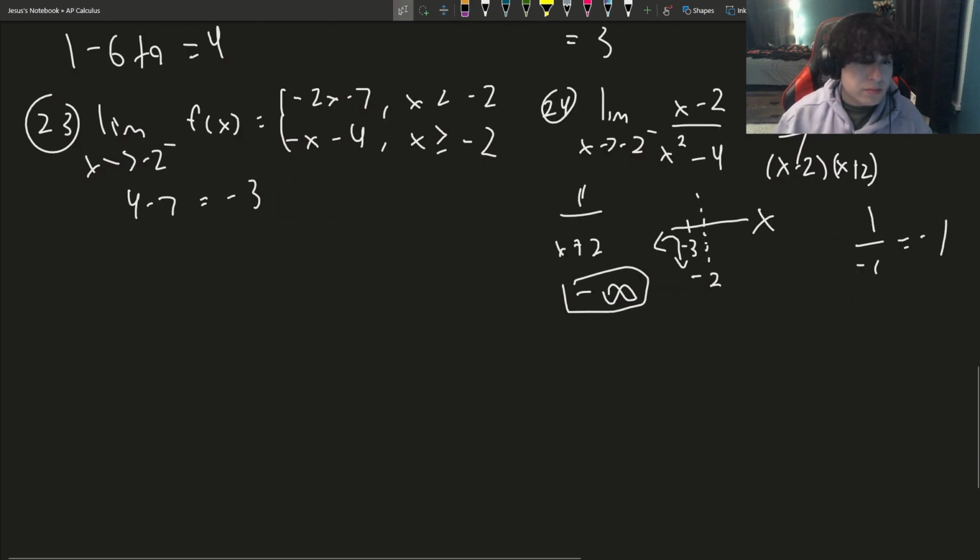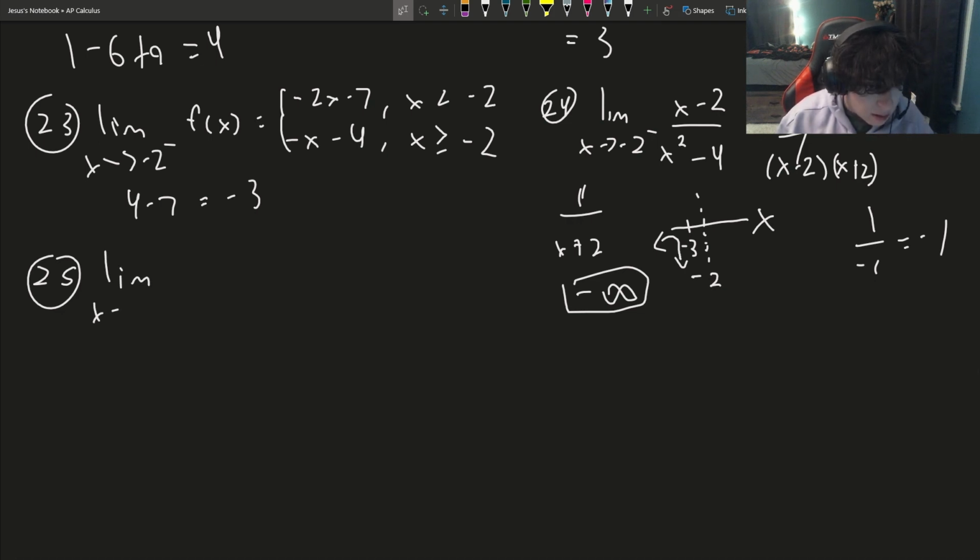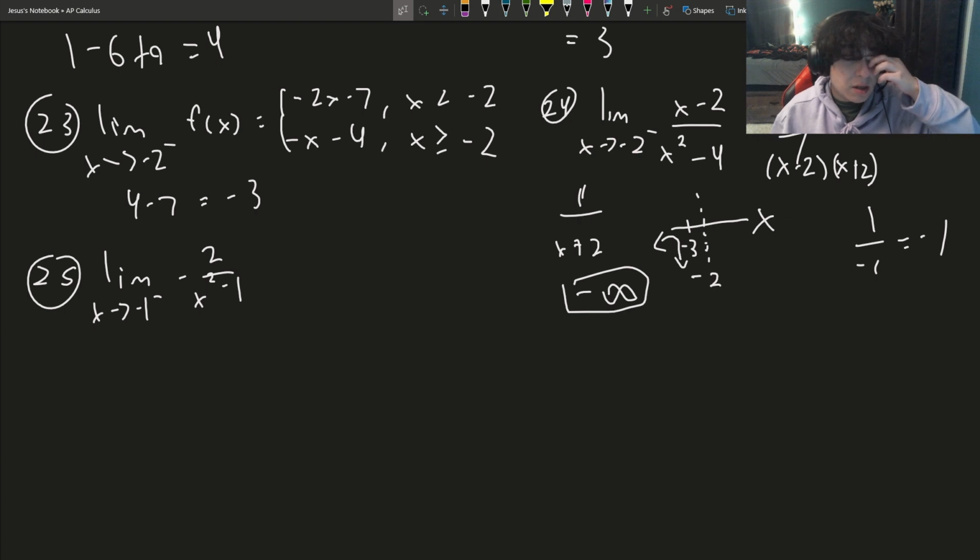So we get 25, the limit as x approaches negative 1 from the left of negative 2 over x squared minus 1. And then again right here, we could do difference of squares, but it's not really going to make a difference.